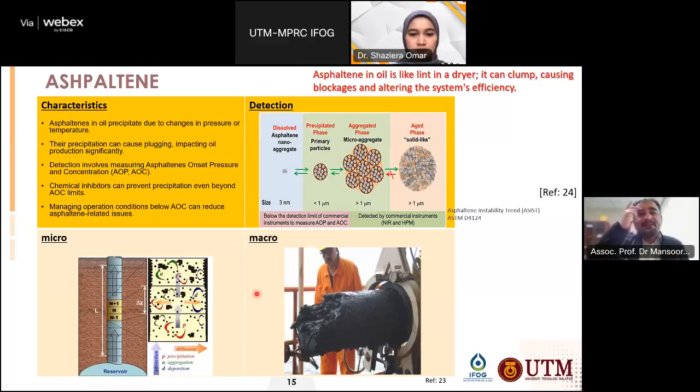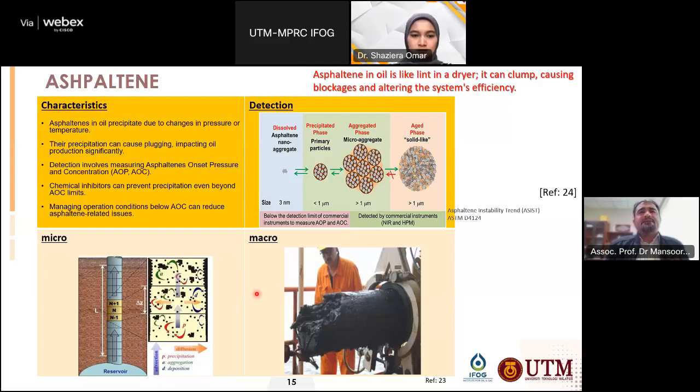Detection involves measuring the asphaltene onset pressure and concentration, so AOP and AOC. Chemical inhibitors can prevent precipitation even beyond the asphaltene onset concentration limits. Managing operating conditions below the AOC can reduce asphaltene-related issues.